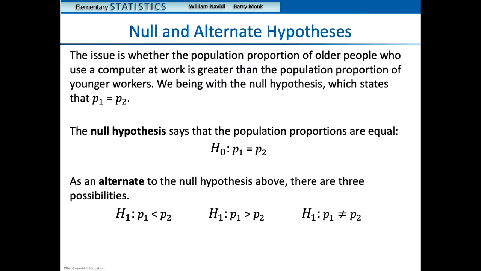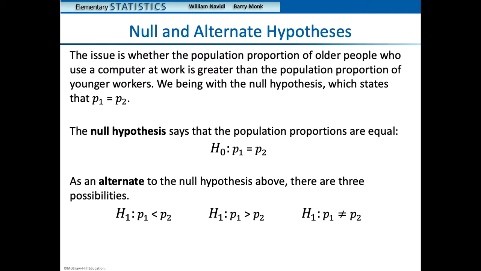Okay. The null hypothesis would be the assumption that there's no difference between the two proportions, right? That basically it would be the assumption that the population proportion of those who use a computer at work would be the same for both the younger age group and the older age group. And the way we would represent that in the null hypothesis is via the statement that says p1 equals p2.